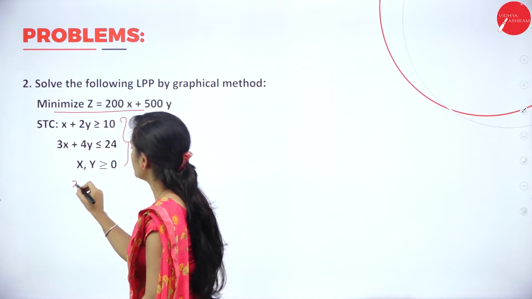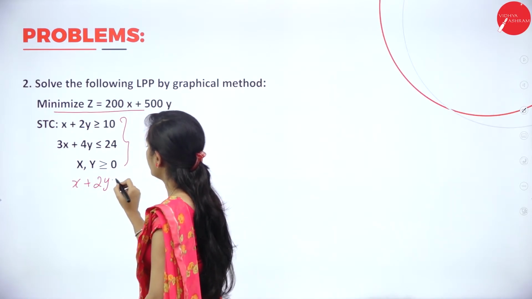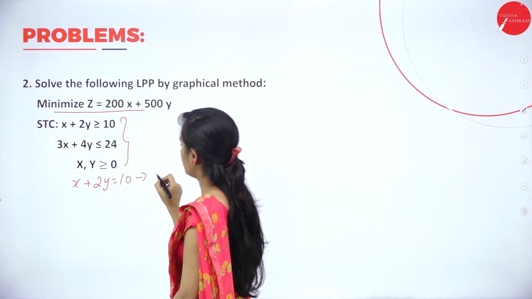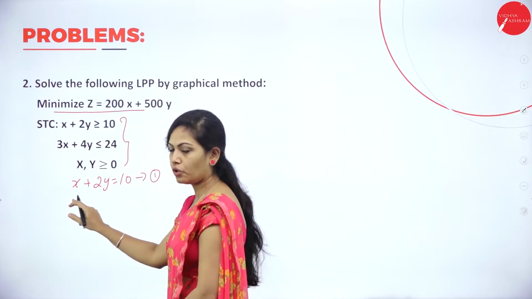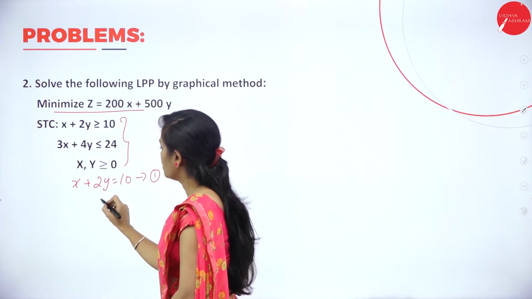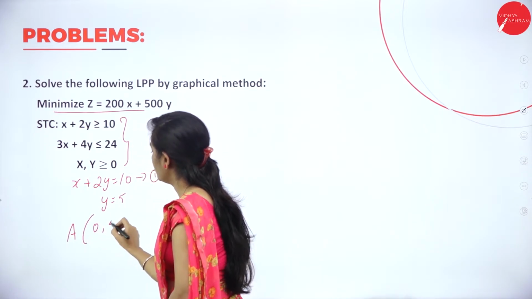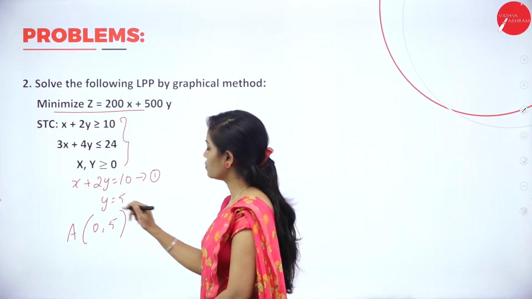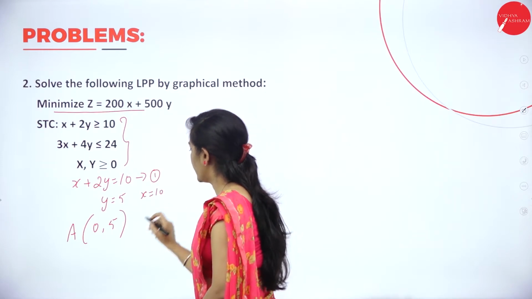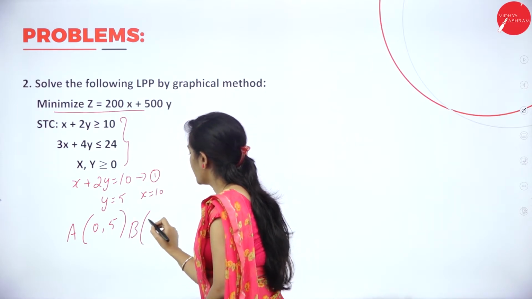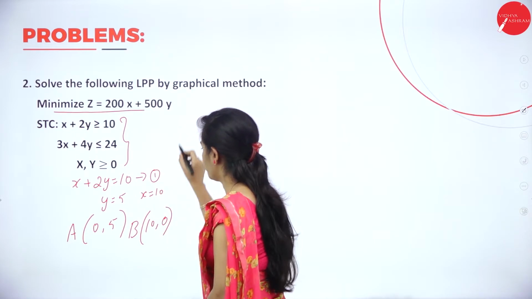So the first equation is x plus 2y equals 10. Equation number 1. Put x equals 0, then 2y equals 10, y equals 5. So A is (0, 5), and put y equals 0, x equals 10. So point B is (10, 0).